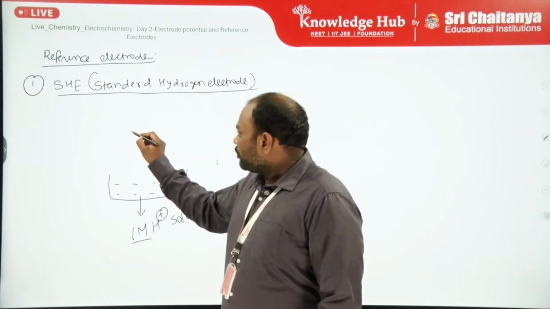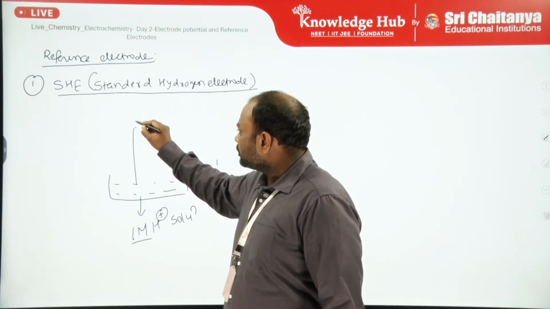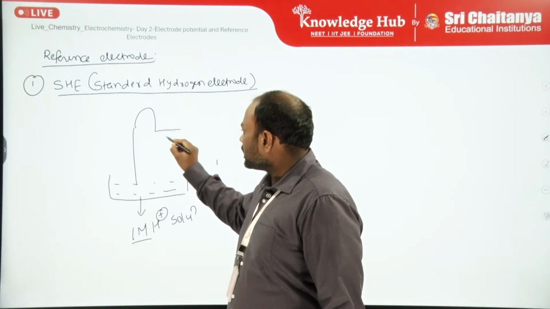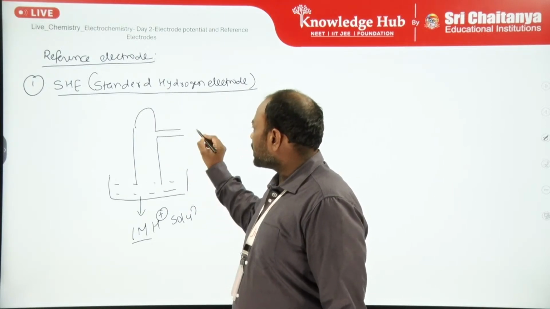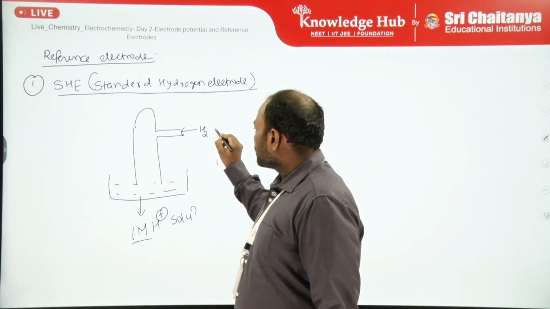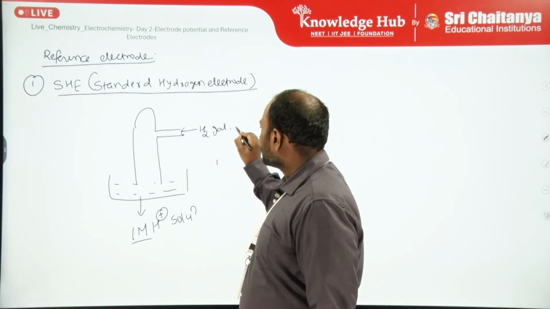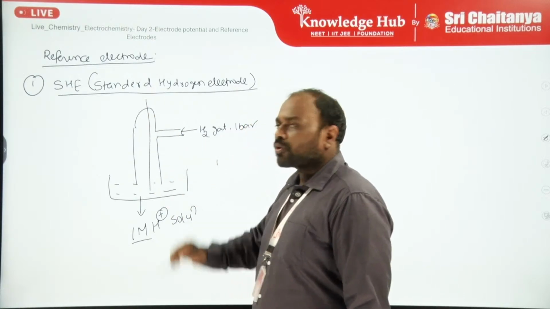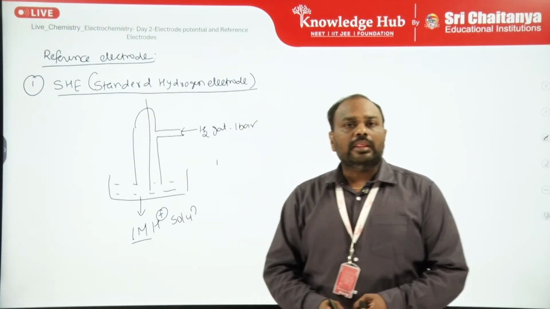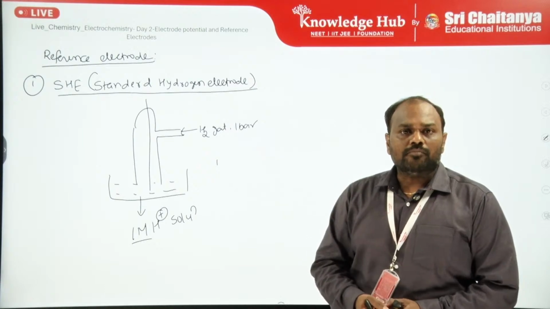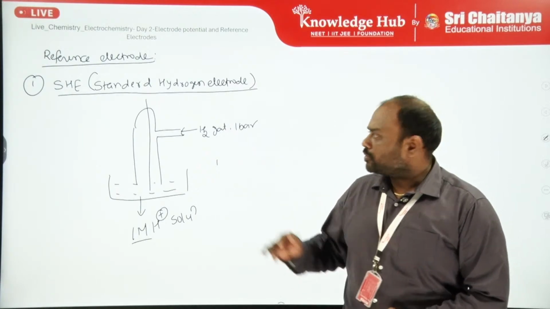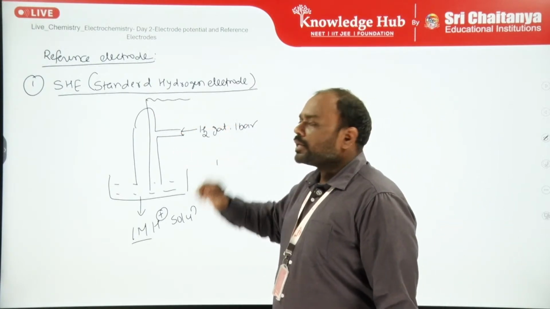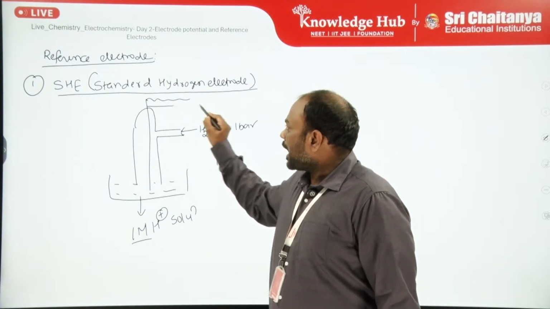In this one, we use a diaphragm. Hydrogen gas is passed at 1 bar pressure. Here there is a platinum electrode which is coated with finely divided platinum, that is known as platinum black also, which is connected externally. So this is a platinum electrode.